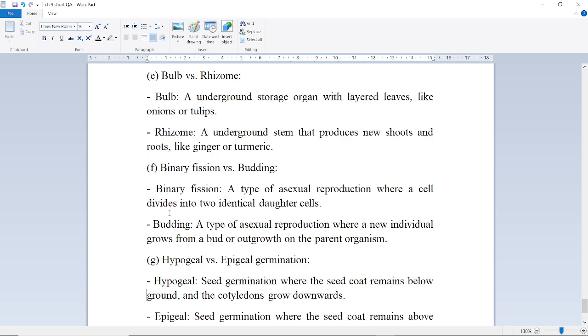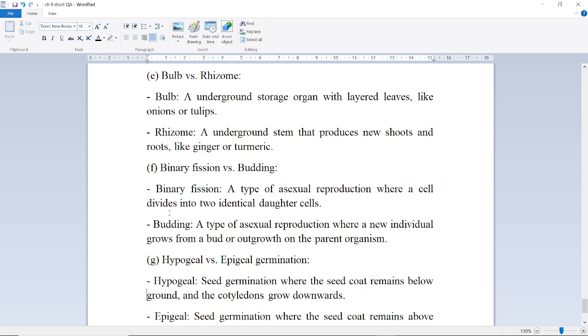Next is binary fission versus budding. Binary fission, a type of asexual reproduction where a cell divides into two identical daughter cells. Budding, a type of asexual reproduction where a new individual grows from a bud or outgrowth on the parent organism.